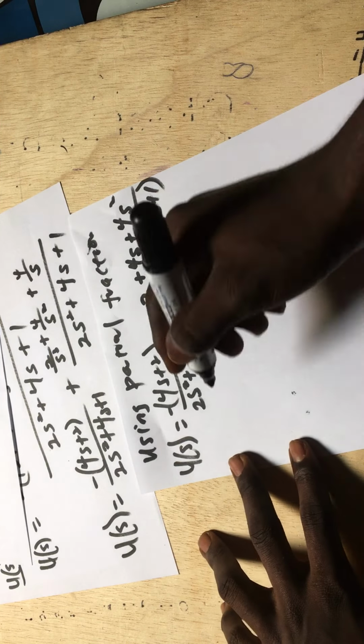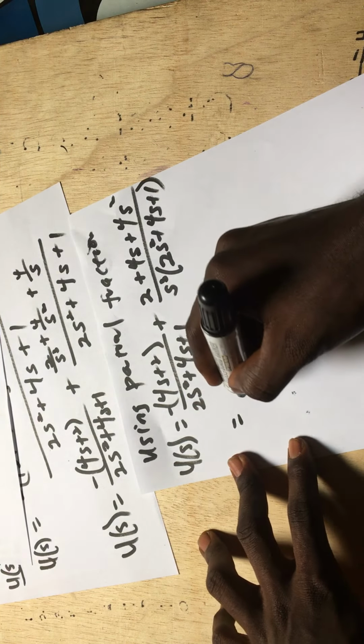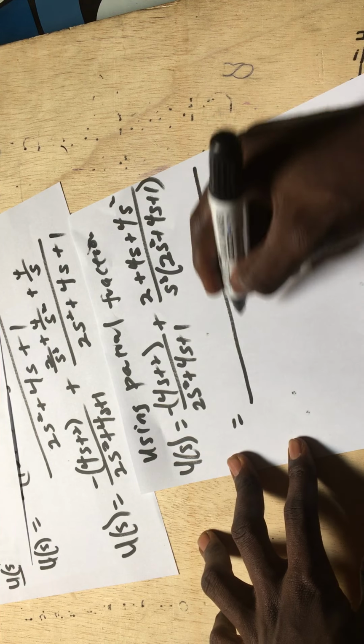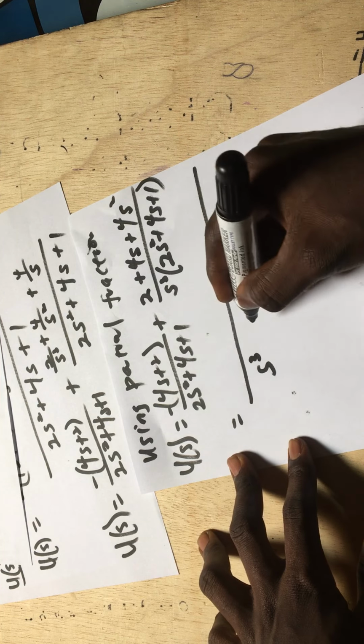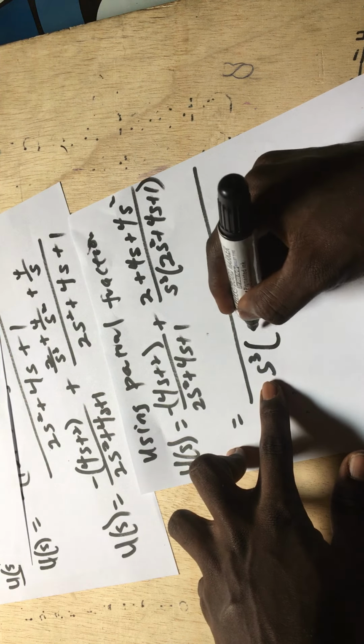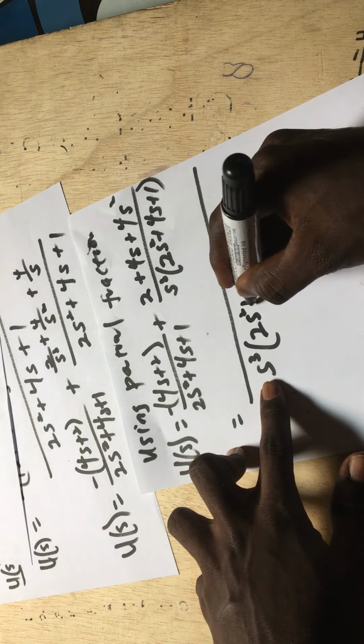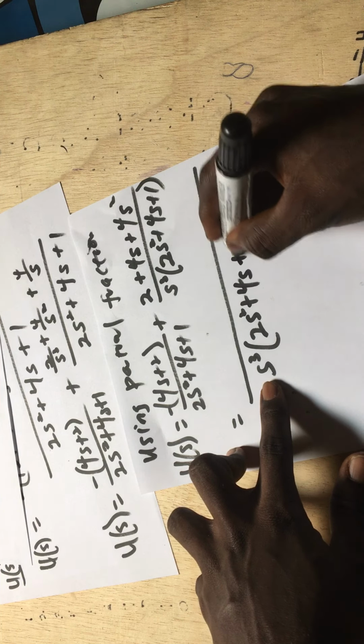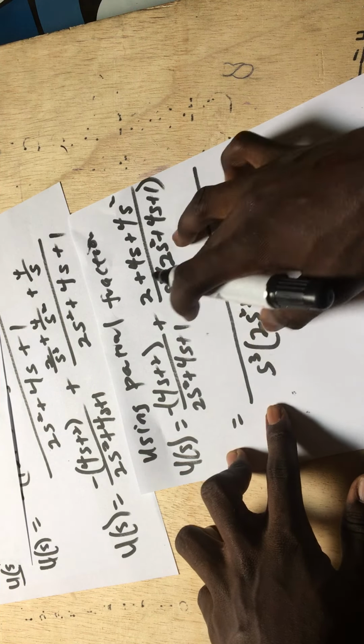So this we can further simplify. Our common denominator will be s exponent 3 into bracket 2s squared plus 4s plus 1. Are you getting it?